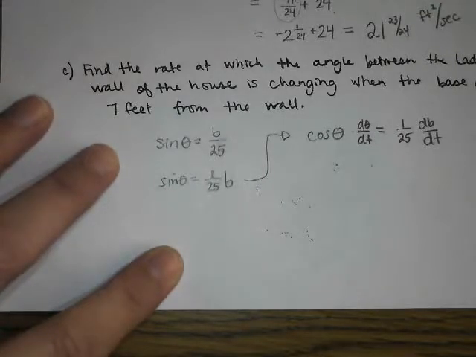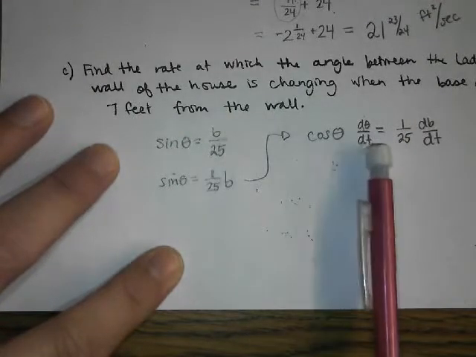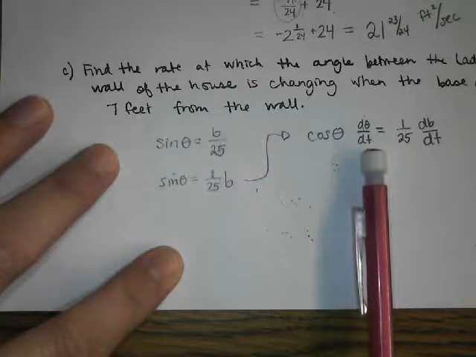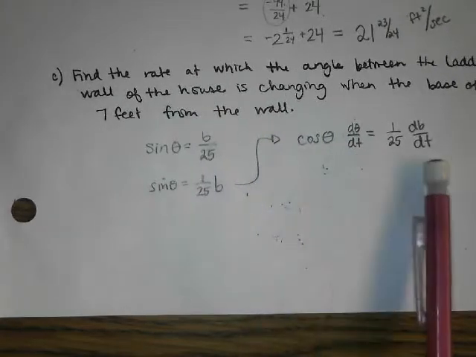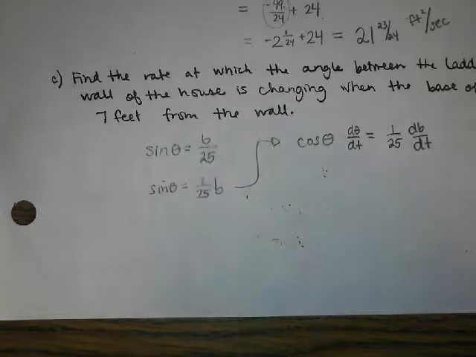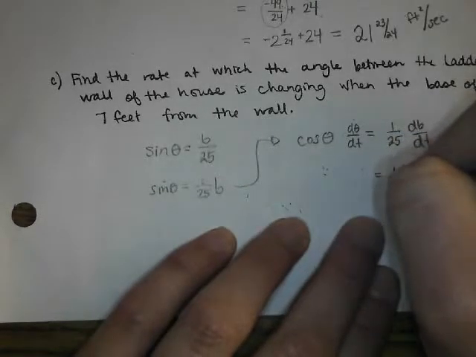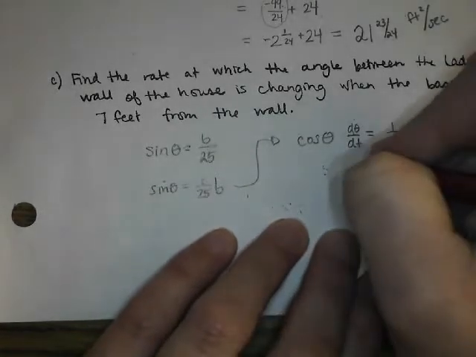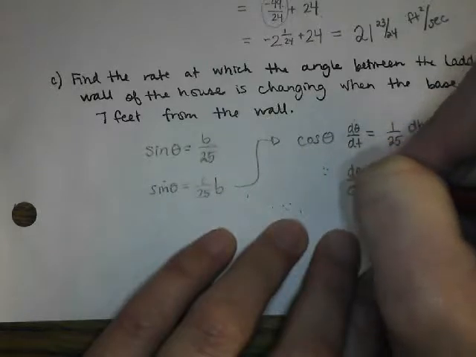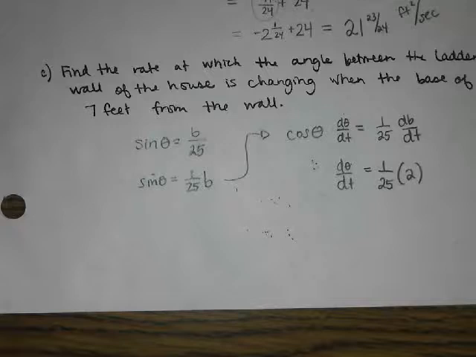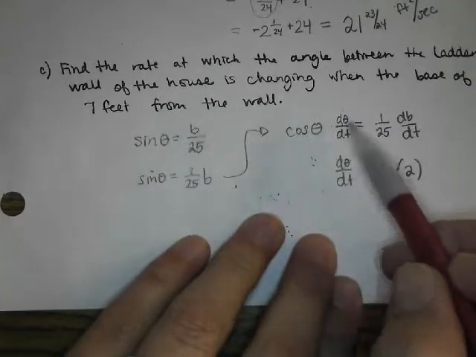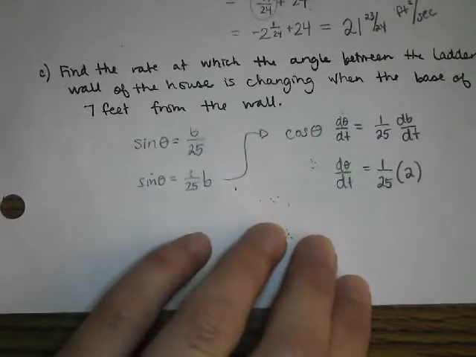So we're looking for d theta/dt. We have dB/dt is 2. What are we struggling with here? We don't know the angle measure.